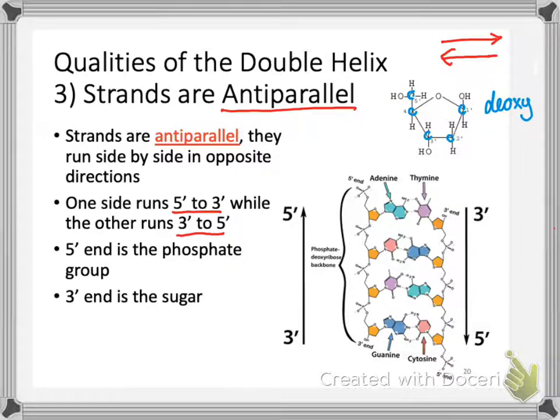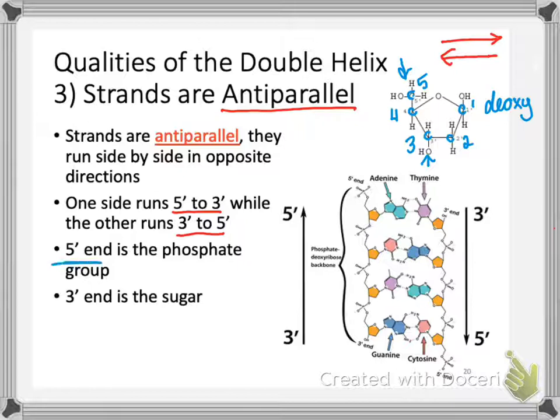Now, each of those carbons is numbered. So if we were to go around this sugar ring like a clock, it'd be 1, 2, 3, 4, 5. Now, the 3s and the 5s are referring to which sugar carbon?